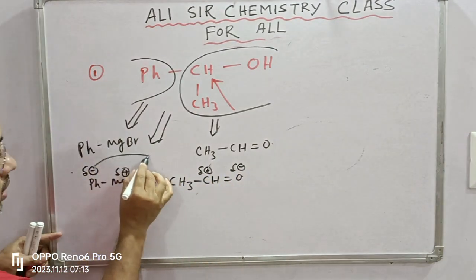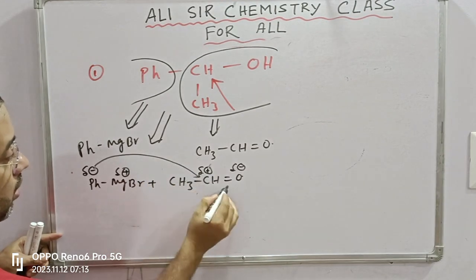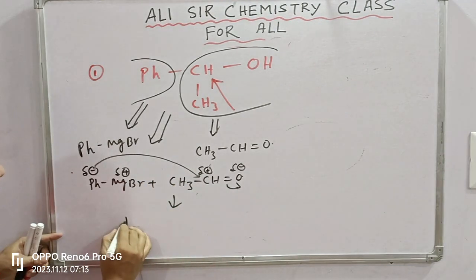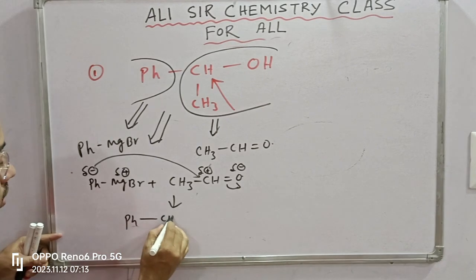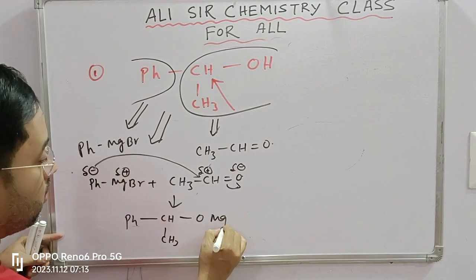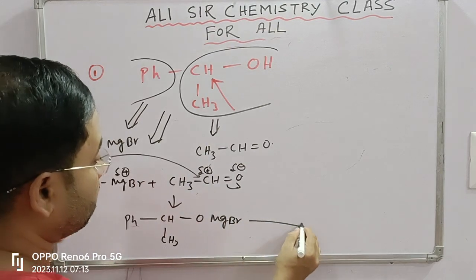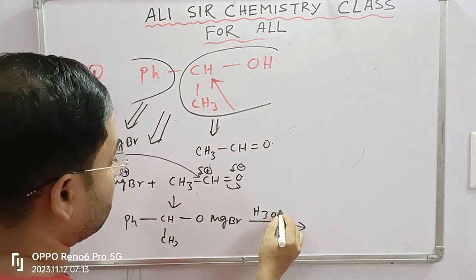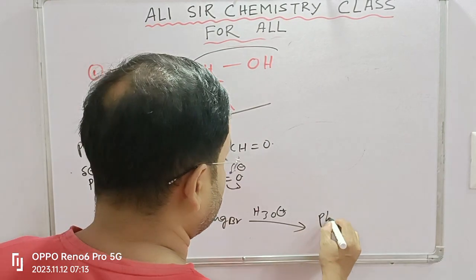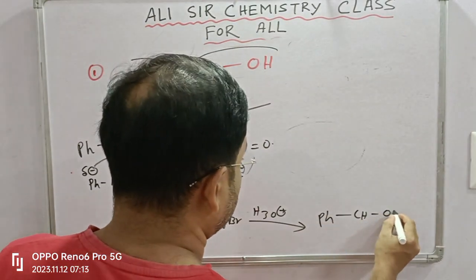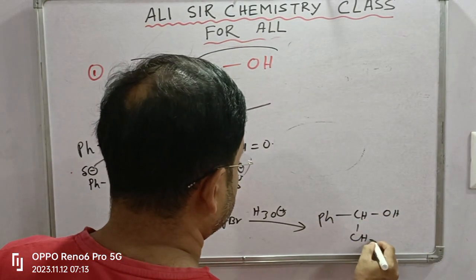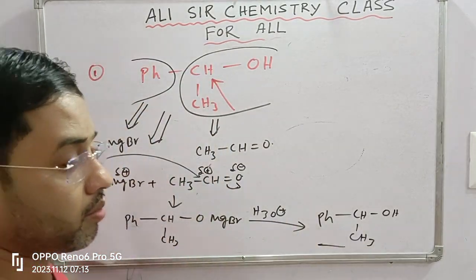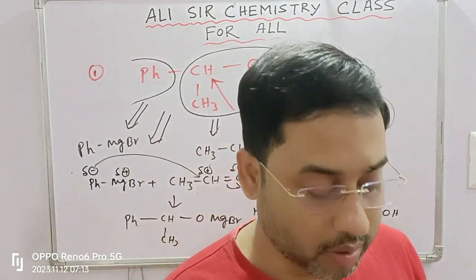So this negative center comes to here, and this will open up. So what will happen? PhCH(CH3)OMgBr. Now after acidification, we will get our desired alcohol PhCHOHCH3. So this is a very simple way to prepare any type of alcohol.